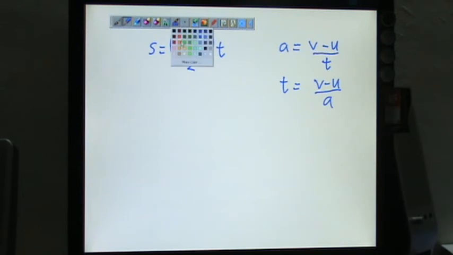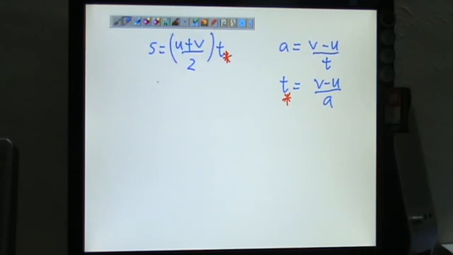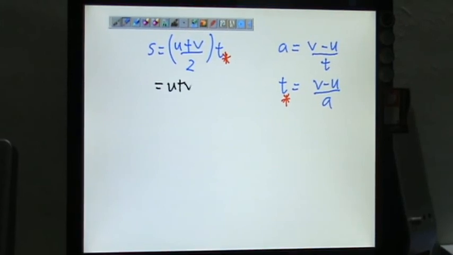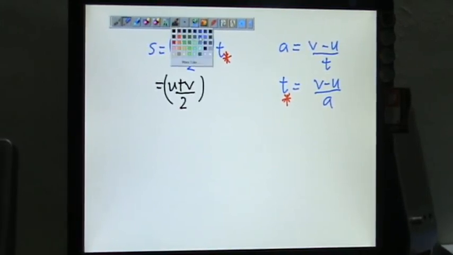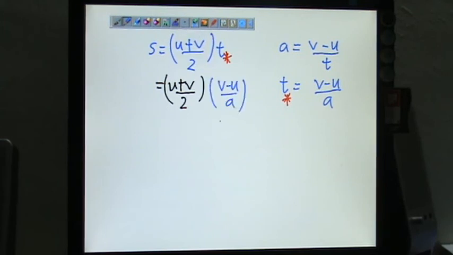Can I put another star here so that by looking at this, you know what to put later? So I have u plus v over 2. The part with the t red star, I will use blue marker, and this one will look like v minus u over a. I can rearrange v plus u, it doesn't matter.